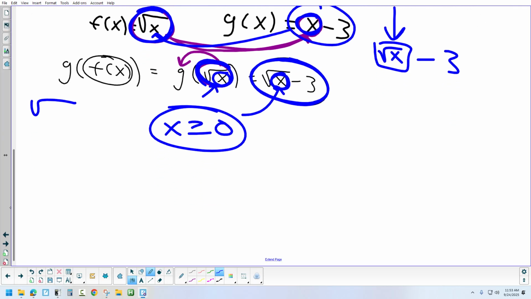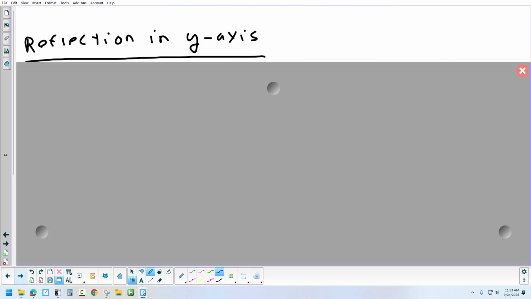Question on that? So it does take a little bit of getting used to finding domain and range, but we'll be doing a couple problems with it. Now, when we reflect over any axis, does anybody remember what usually comes up?